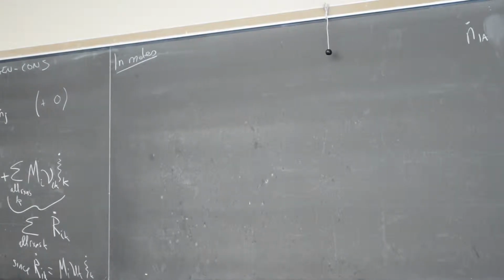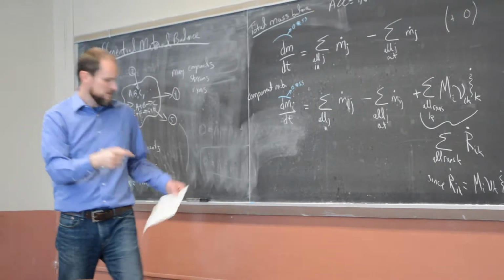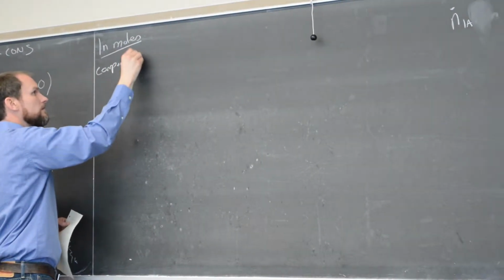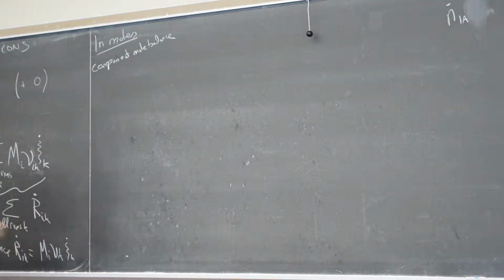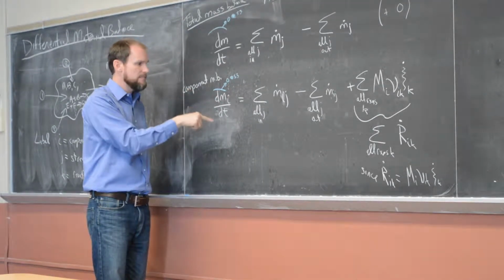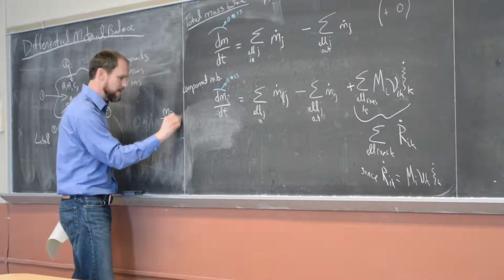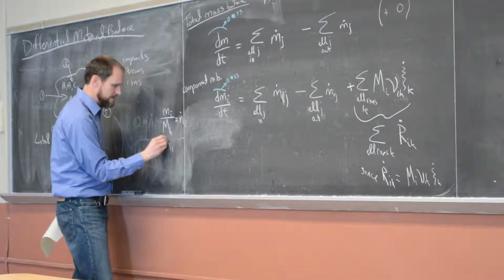Now again, for moles, I'm going to take the components, convert this to moles, and then I'll add them together to get the total. So the component mole balance. I really just want to take the change of mass of I in the system per time. If I divide that by the molecular mass, capital M I, so if I take m I divided by capital M I, I'm going to get n I. That's also true for m I dot in stream 1.